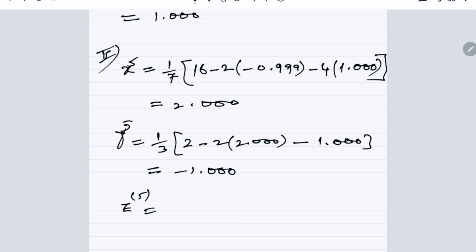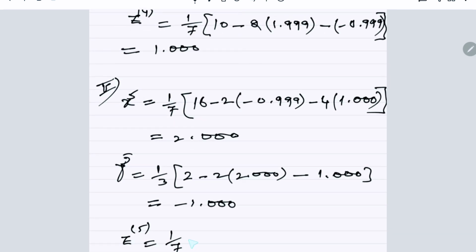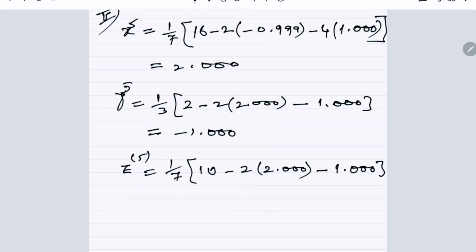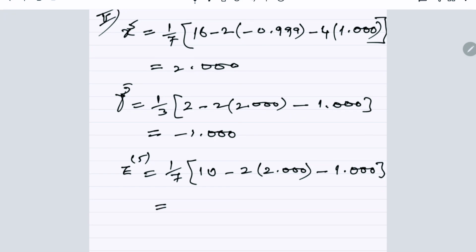And lastly, z5 as 1 by 7 times (10 minus 2 times 2, and minus of minus 1.0), we get that value as plus 1.